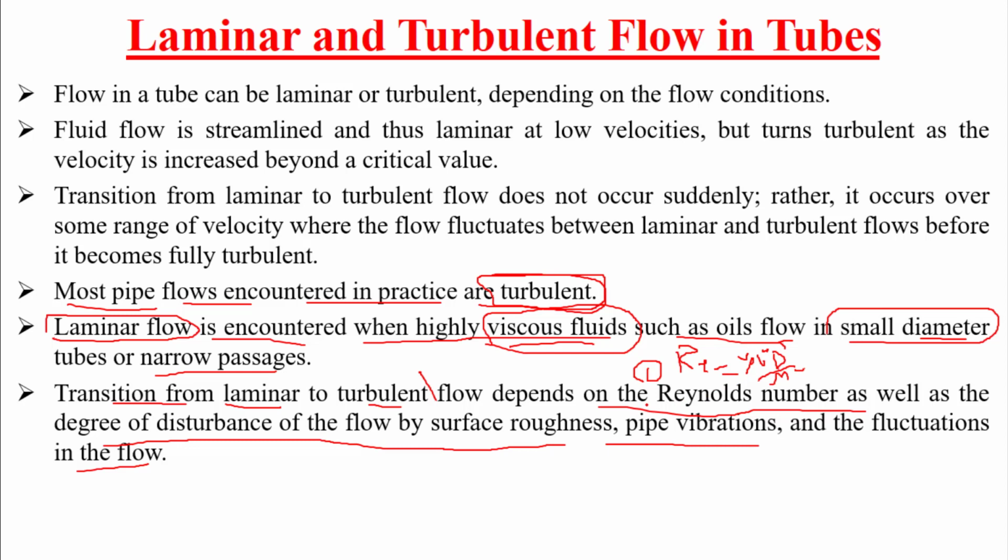Whenever we mention Reynolds number, we mean that we are dealing with these parameters also. So this is one important parameter, as well as the degree of disturbance of the flow, which is another very important parameter.